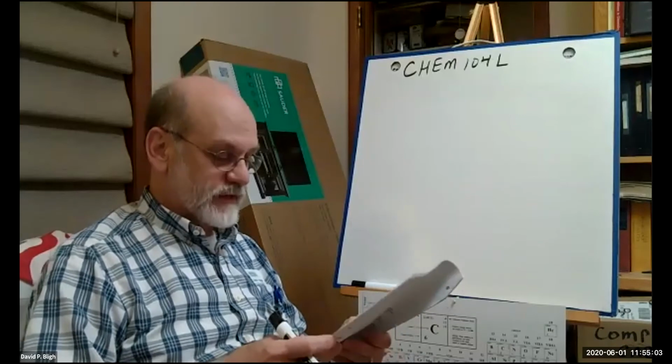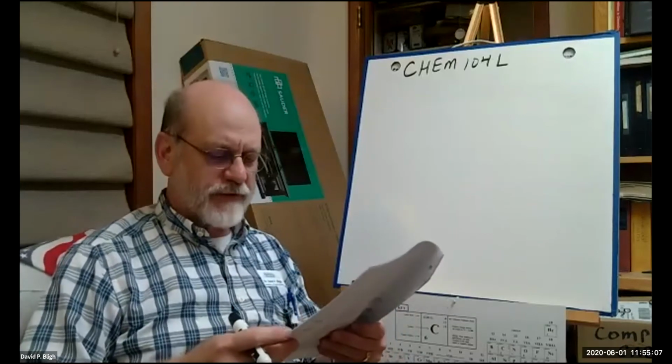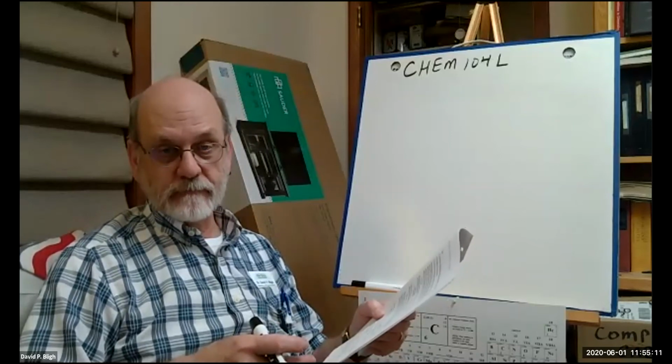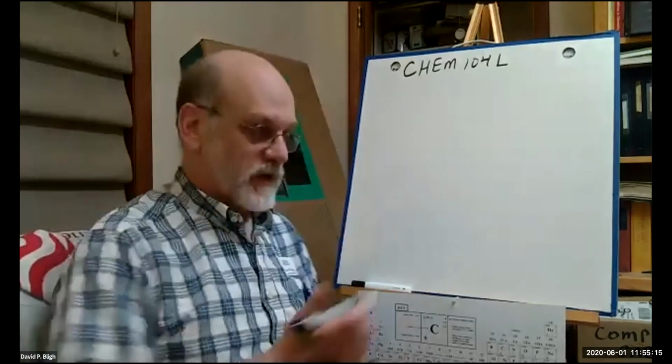Now, here's one we didn't discuss. What quality must a solute have to affect a change in boiling point or freezing point? Well, the most important quality, actually there are 2 qualities.